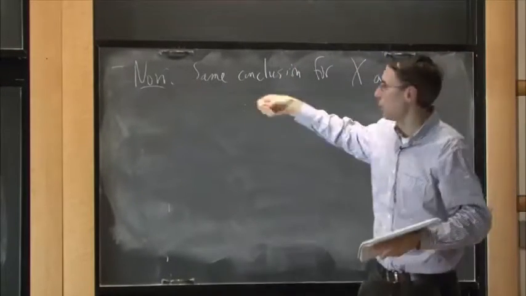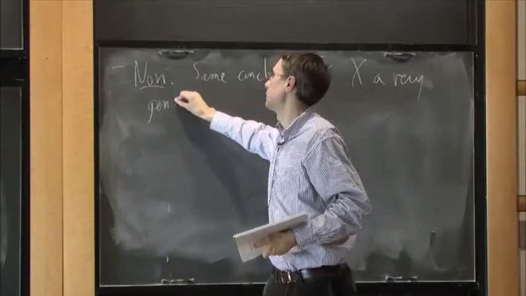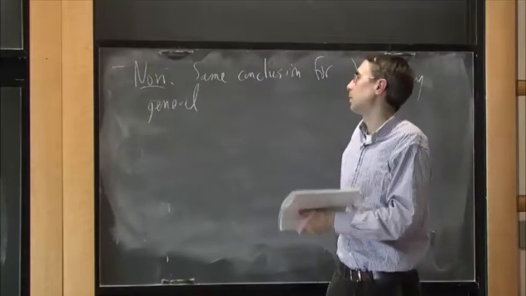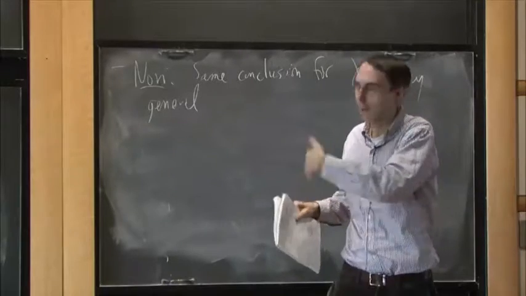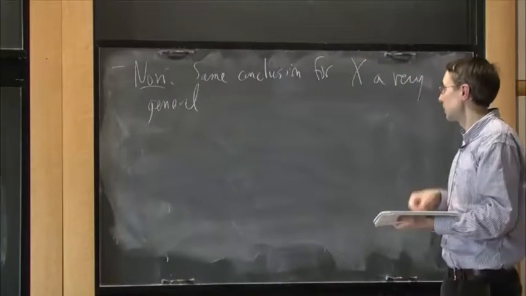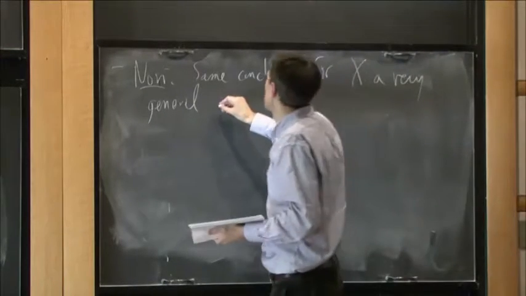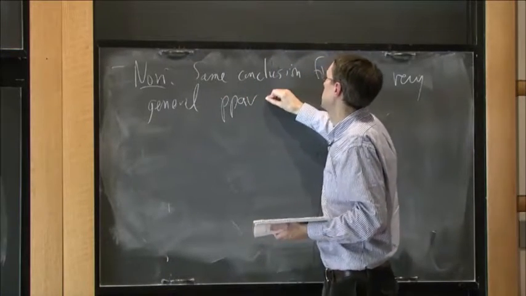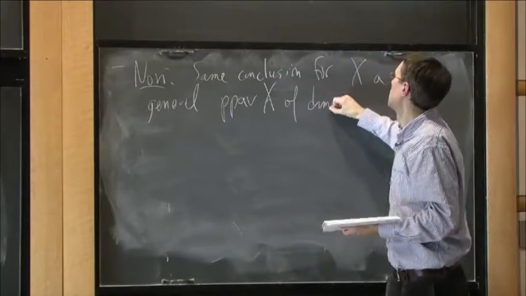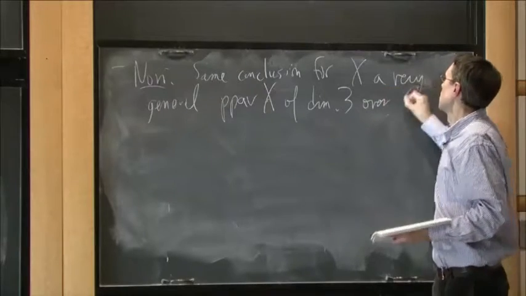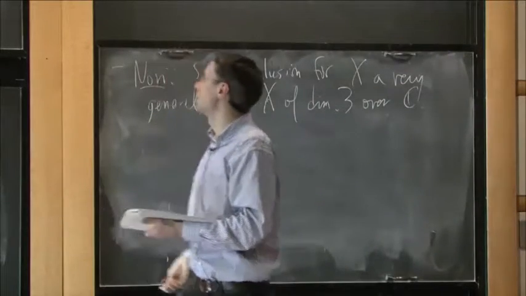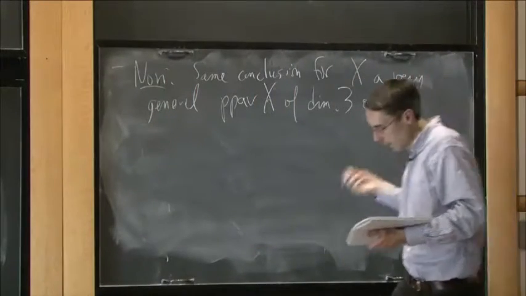Of course, very general means when you have a moduli space of varieties, a property holds for very general varieties if it holds for all those outside countably many lower dimensional subsets. For very general, say, principally polarized abelian variety of dimension 3, again over C, again, the Griffiths group tensor Q is infinite dimensional.